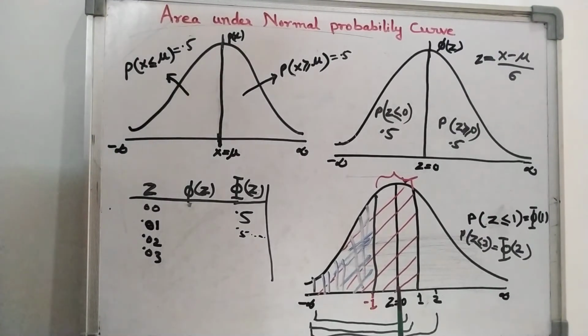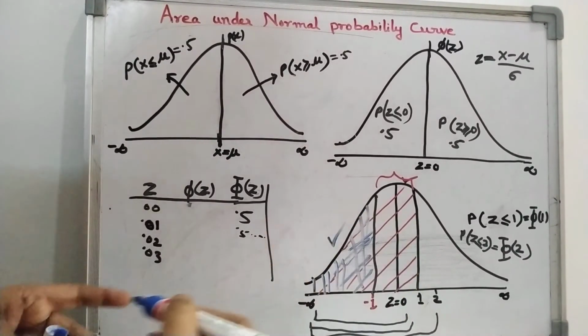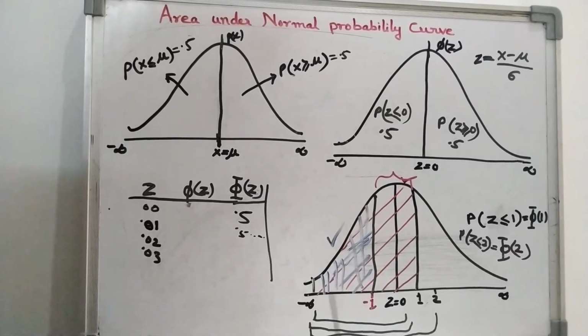So first we subtract 0.5 from the area from minus infinity to 1, as we know the area from here to here is 0.5, so we get this part's area. Then we double it, then we subtract this area from 1, so we get twice of this area, then we divide it by 2 and we get the one part area.